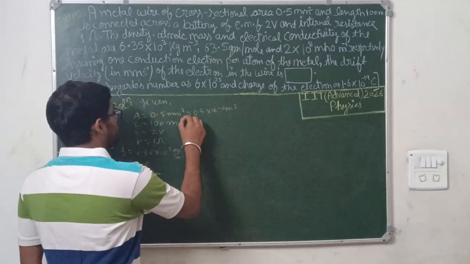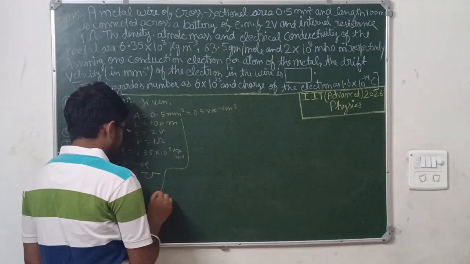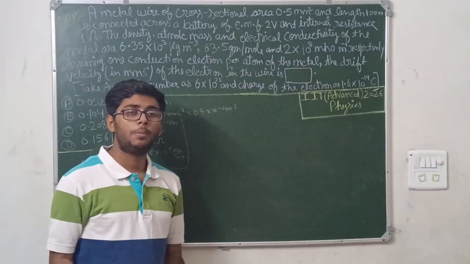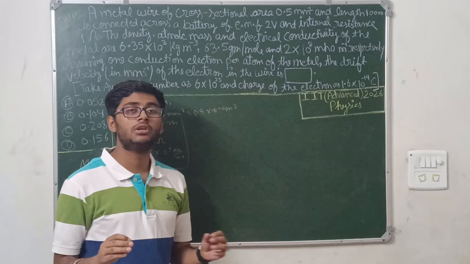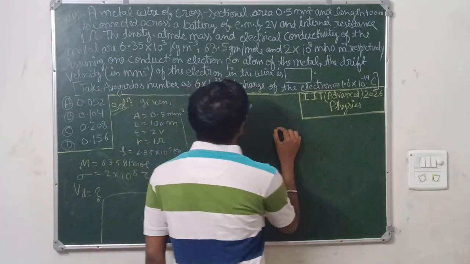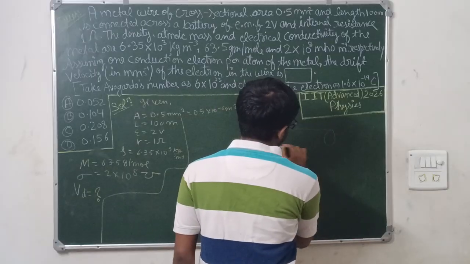See, there is an important relation between current and the drift velocity. Generally, drift velocity is the velocity by which electrons in a conductor can move freely inside any metallic wire.